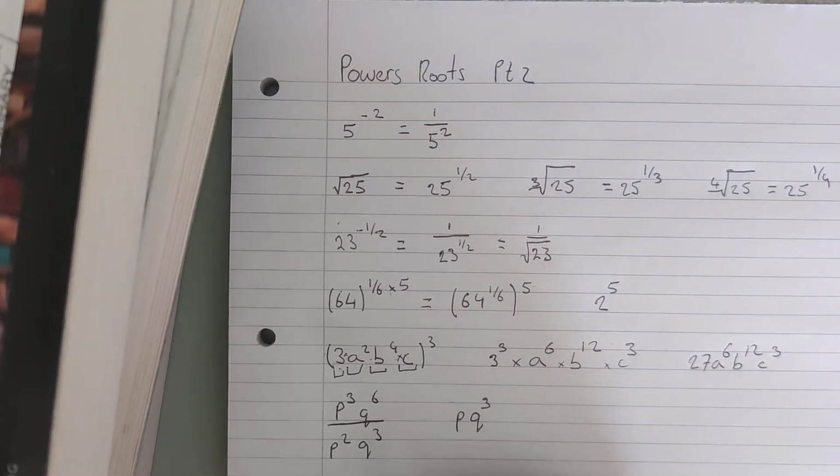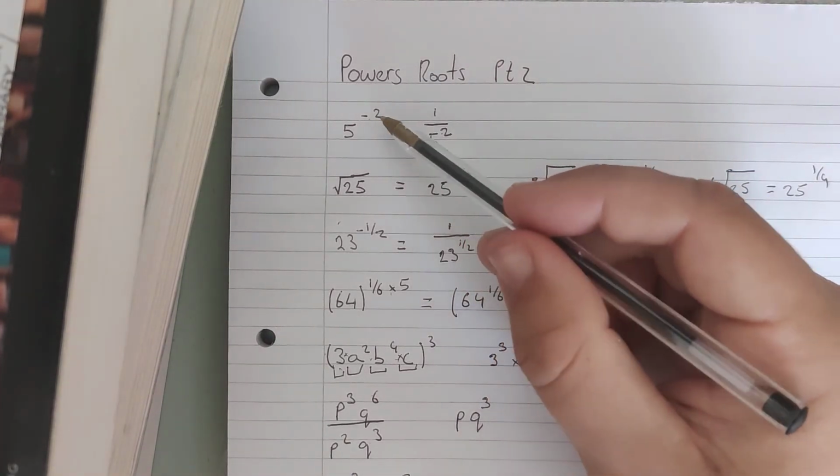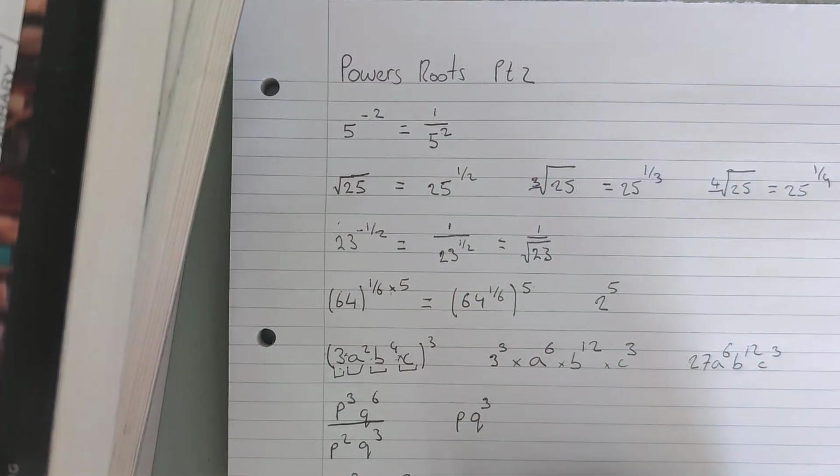You can rewrite this if you wanted to as p^3 multiplied by p^-2, because you're bringing it up, the opposite to this, and then q^6 multiplied by q^-3.